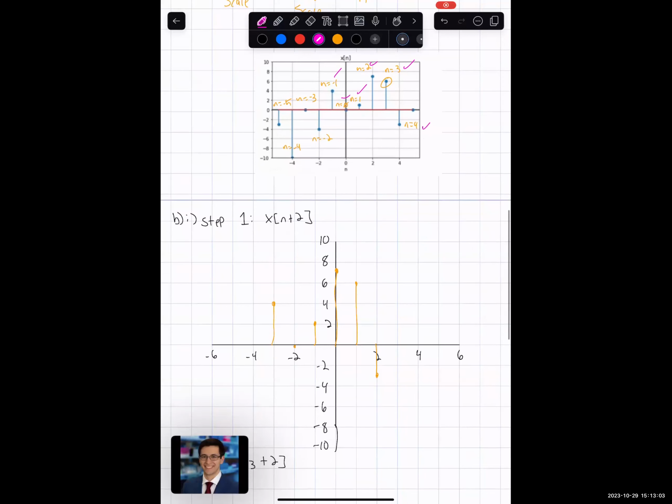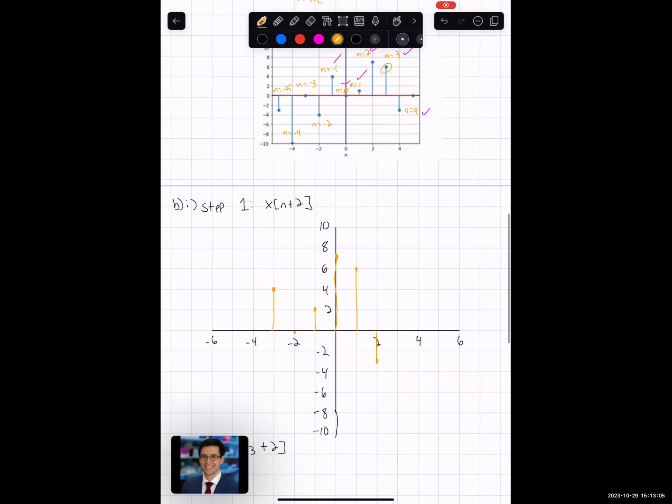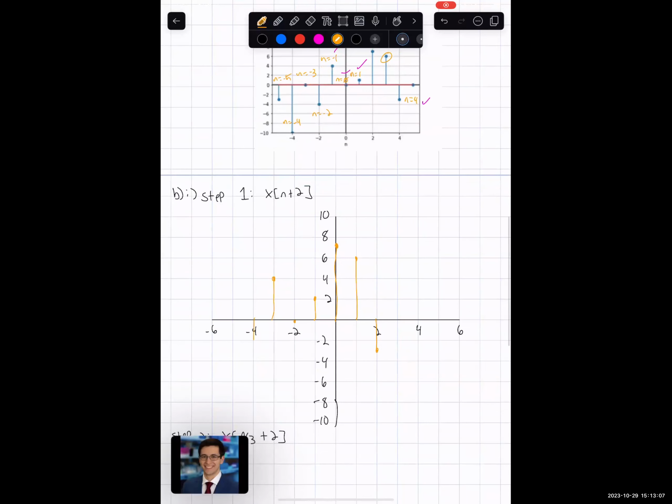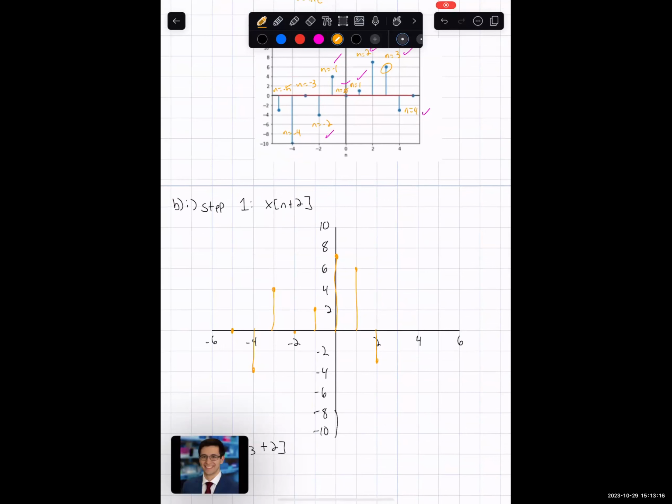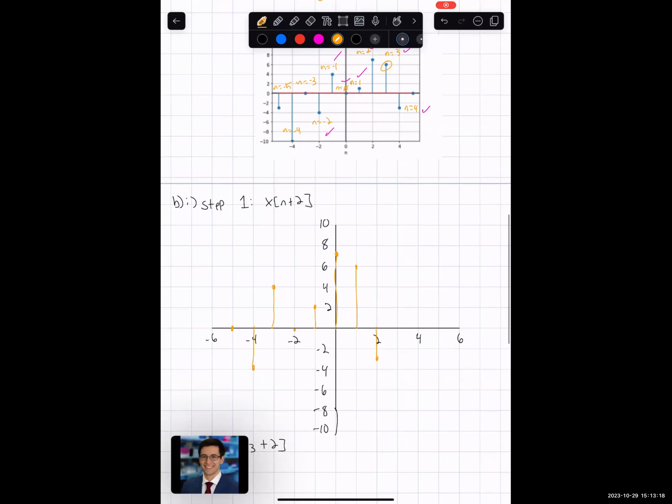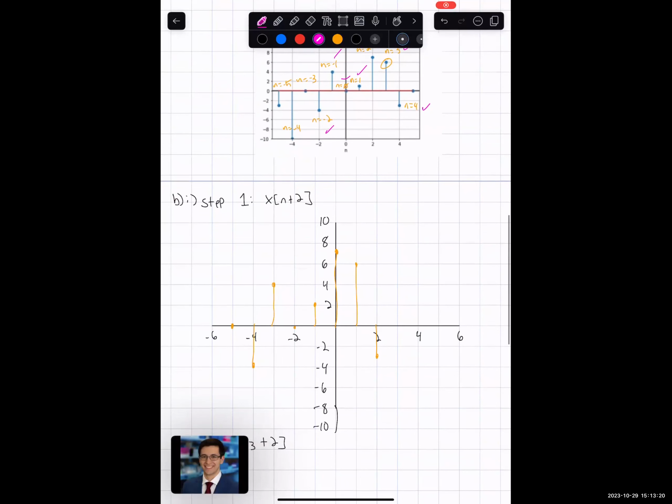So now we're on n equals -2. That's going to be -4. And it's at -4. So that's good. We'll do -3. So that's going to be at -5. It's going to be 0. And we'll check that off as well.